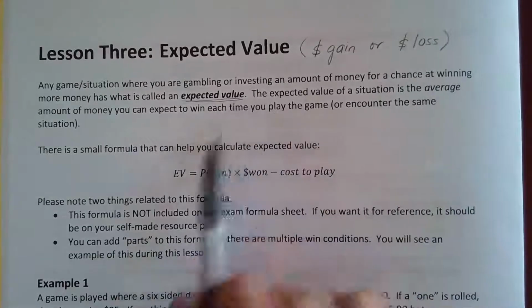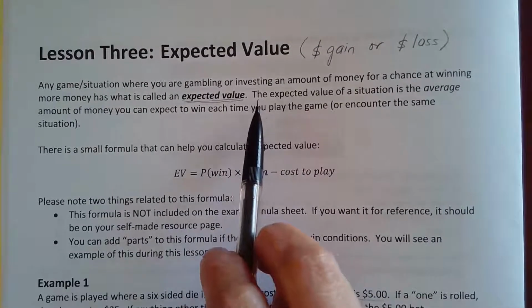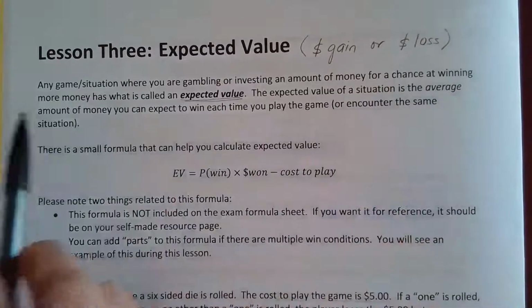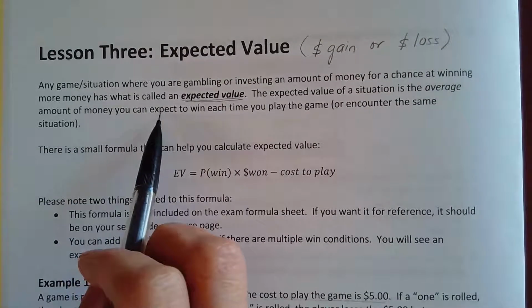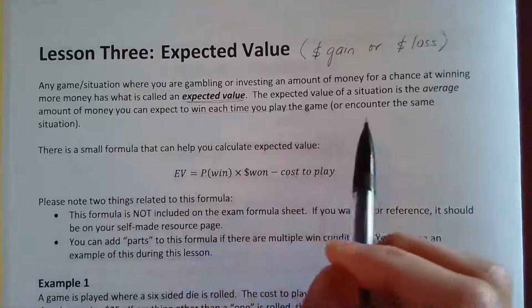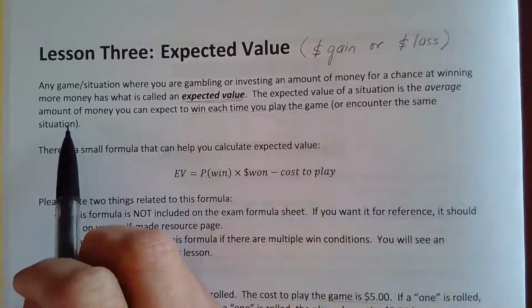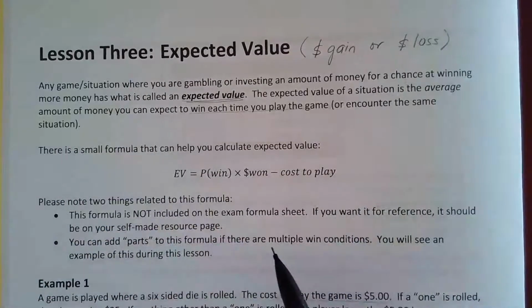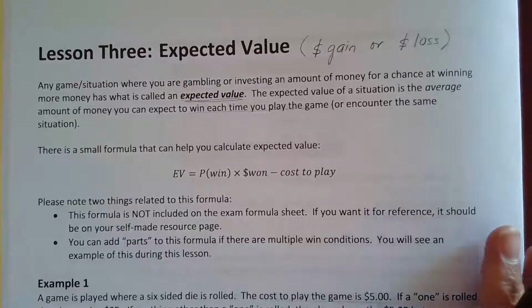The expected value of a situation is the average amount of money you can expect to either win or lose each time you play the game or encounter the same situation. So this is what you would expect each time we play the game.